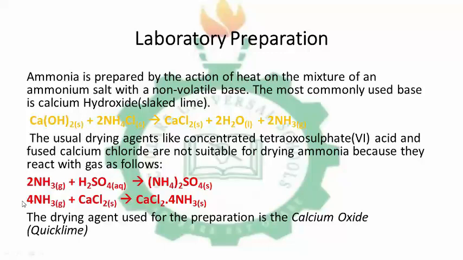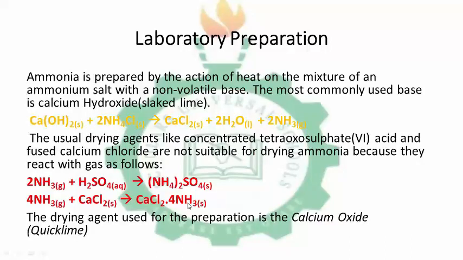And if ammonia is dried using calcium chloride, a complex compound, CaCl2.4NH3, will be produced. A complex compound of calcium chloride and ammonia will be produced.